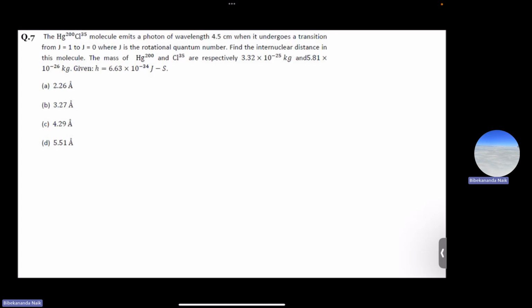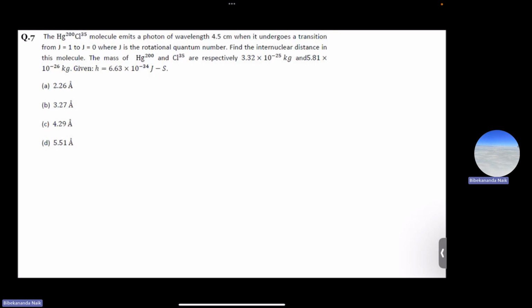Find the internuclear distance in this molecule. The masses of Hg and Cl are respectively 6.32 into 10 to the minus 25 kg and 5.81 into 10 to the minus 26 kg. Given h is 6.63 into 10 to the minus 34 joule second, and the options are 2.26 angstrom, 3.27 angstrom, 4.29 angstrom, and 5.51 angstrom.